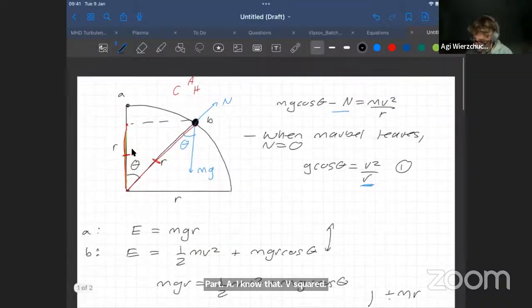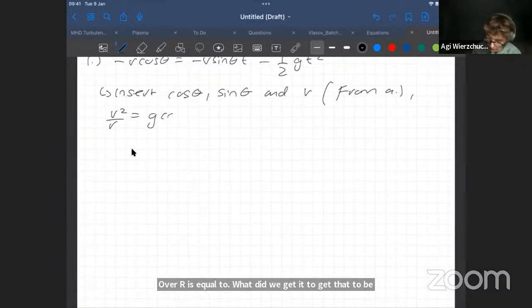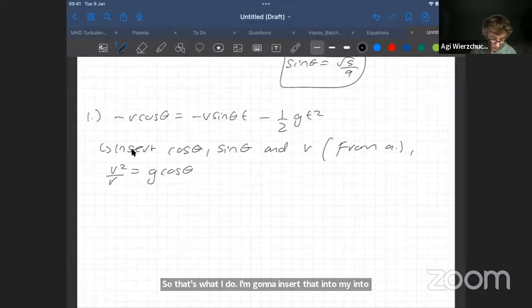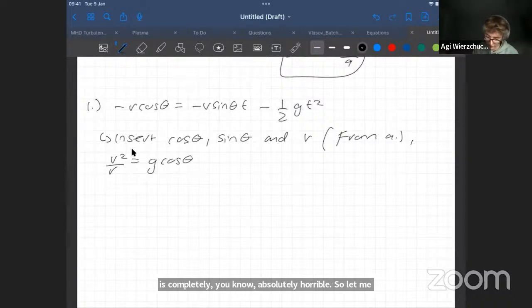We got V squared over R is equal to G cos theta. So I'm going to insert that into my formula above. And the formula is completely, absolutely horrible.